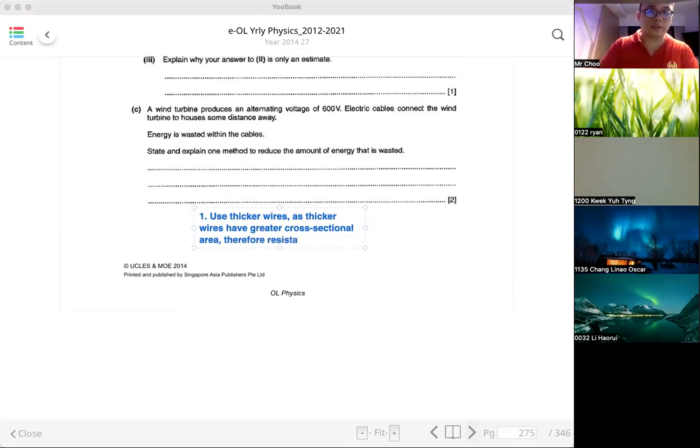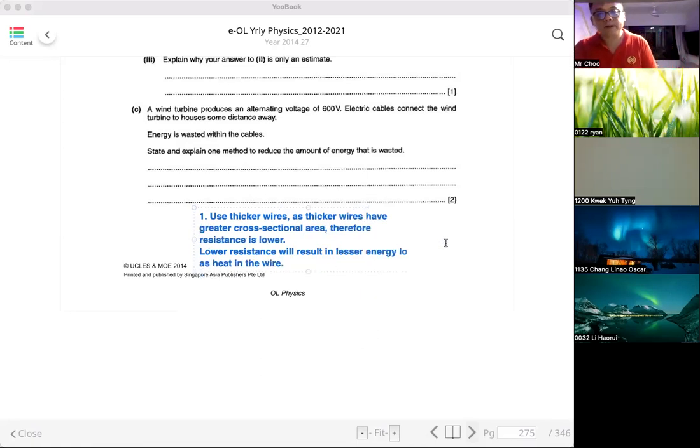Therefore, resistance is lower. So lower resistance will result in less energy lost as heat in the wire.